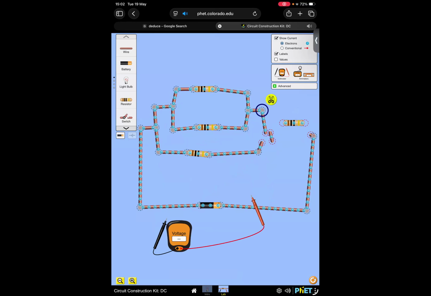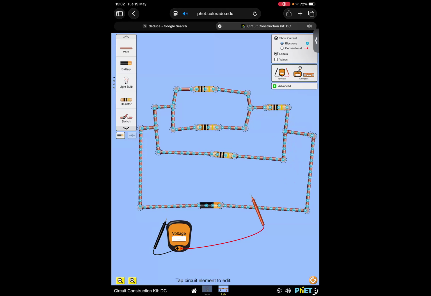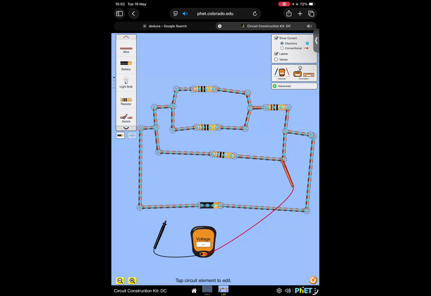This voltage must come here. Then it crosses like this. Then it joins like this. Yes. Now this is going to be 11 volts.